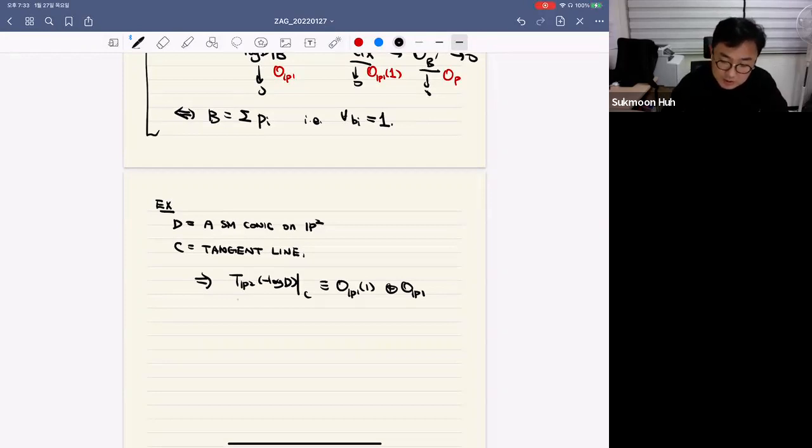So our logarithmic vector bundle is uniform with the splitting type (1, 0). And it turns out that you can easily exclude the case when this is a direct sum of two line bundles. So this is isomorphic to omega twisted by 2. So in particular, the smooth conic is not totally free.